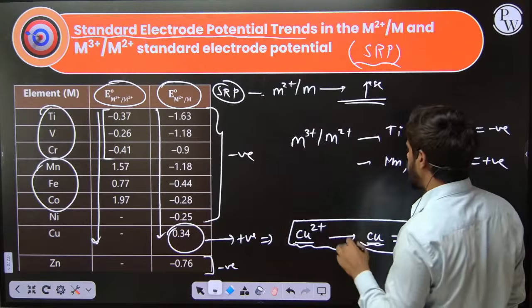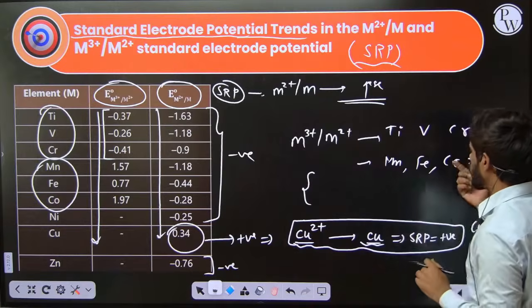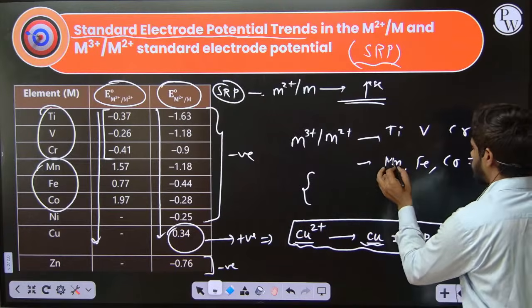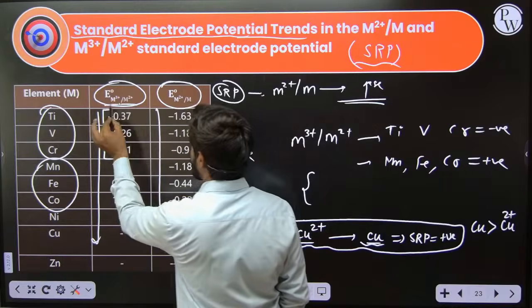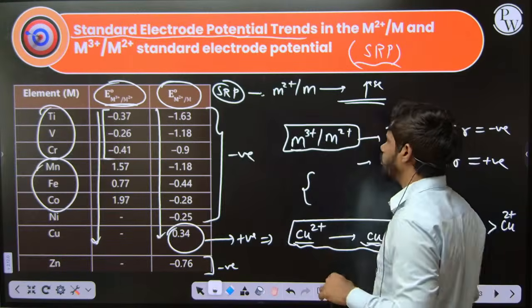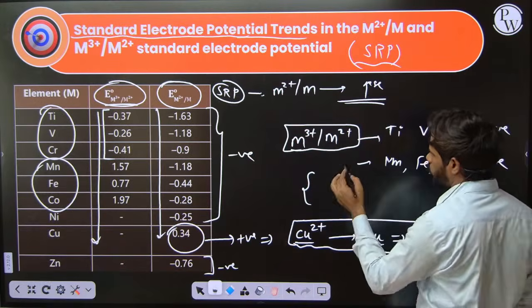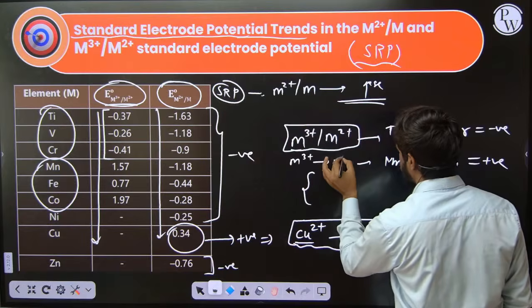Since the SRP value is positive, the reduction is getting more feasible. For M3 plus to M2 plus, the conversion of M3 plus to M2 plus is feasible.